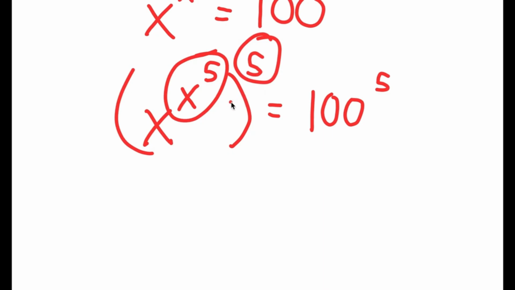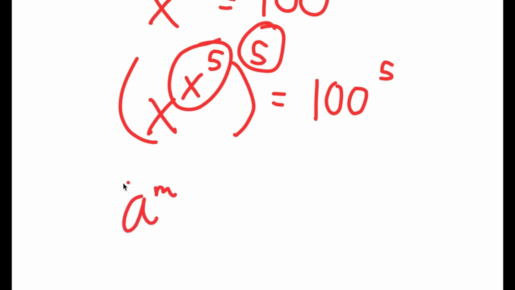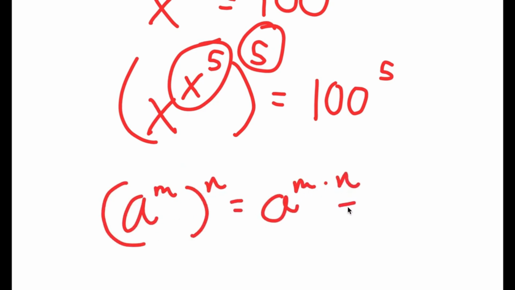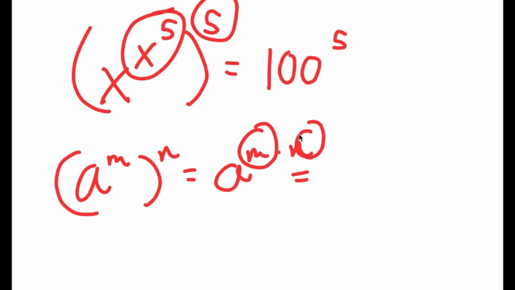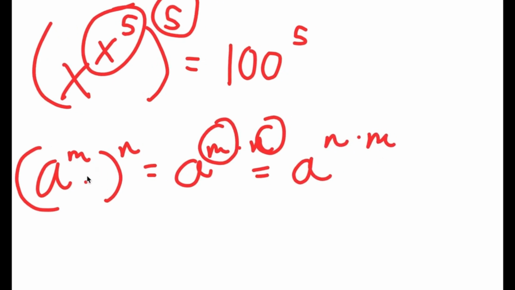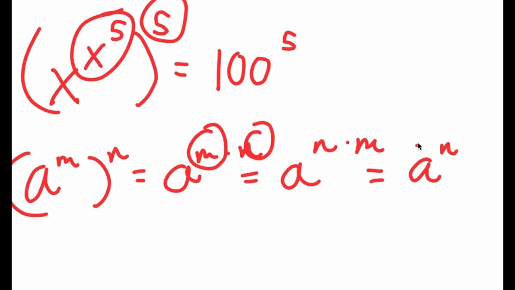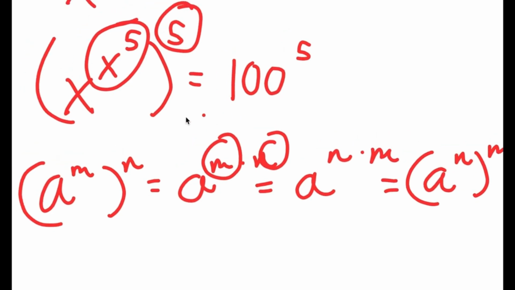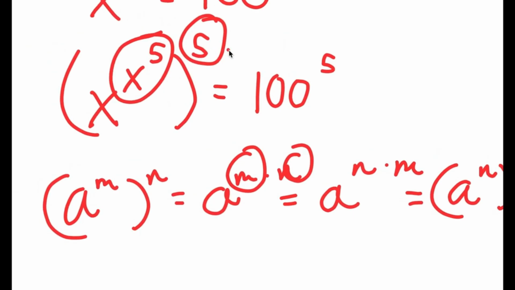If I have something in the form a^m^n, this is equal to a^(m times n), and m times n is interchangeable with n times m, so this is the same thing as a^(n times m), which equals (a^n)^m. So in (x^(x^5))^5, I can switch the places of these two.